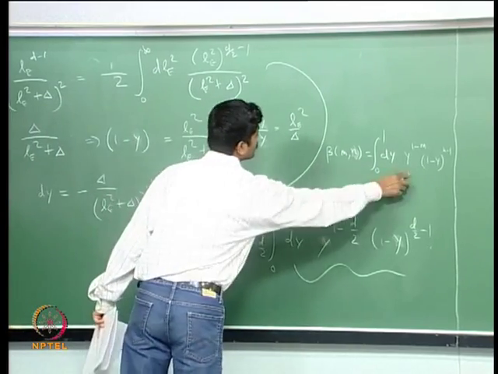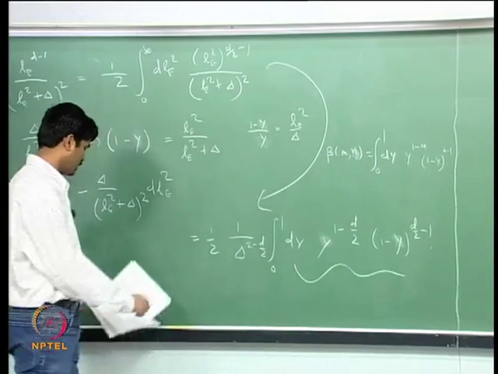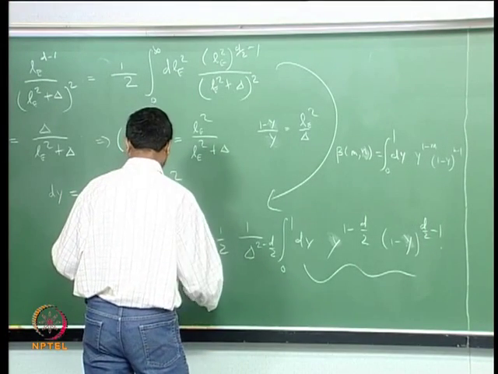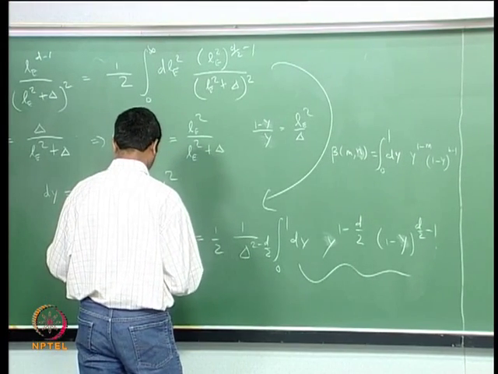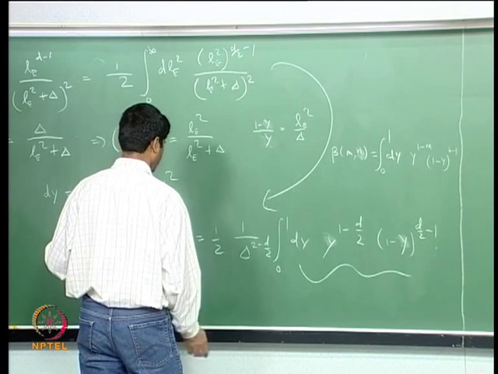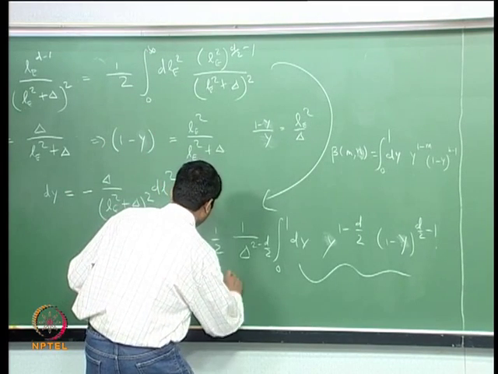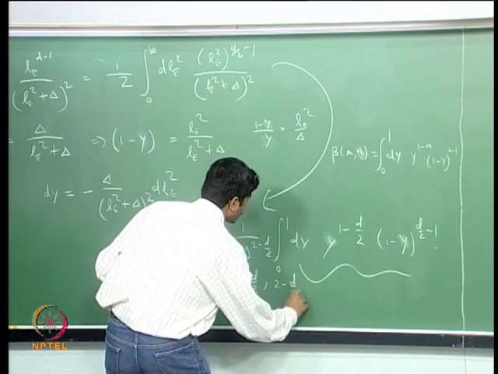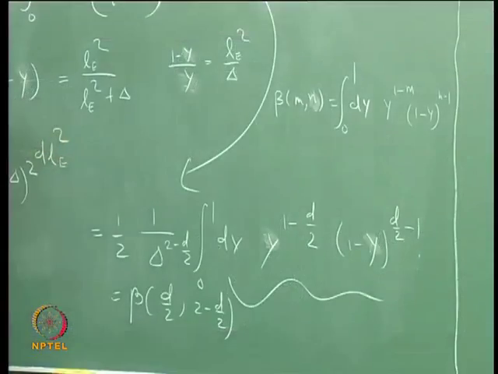So, when you use the definition of beta m n, what you finally get here is beta d by 2 minus d by 2. Okay.